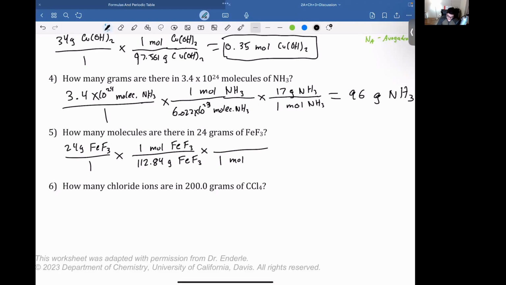For every 1 mole of iron fluoride we have 6.022 times 10 to the 23rd molecules of iron fluoride. And then when you plug this all into your calculator, you should get 1.3 times 10 to the 23rd molecules of iron fluoride.